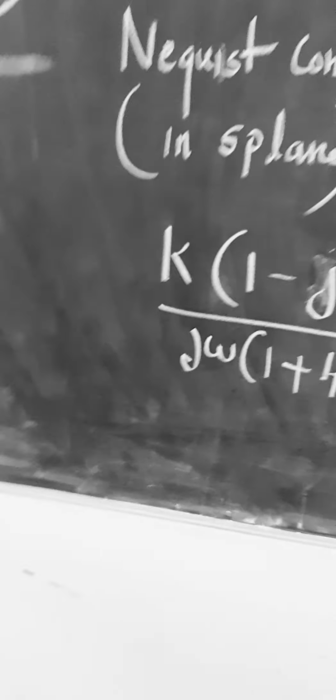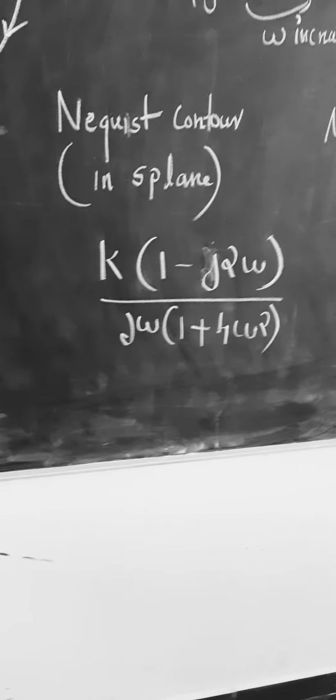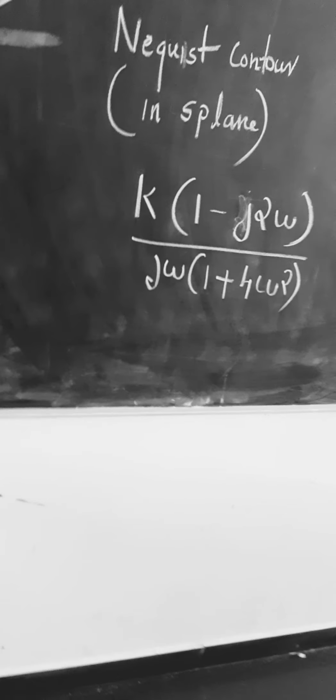So I am getting k into 1 minus j 2 omega divided by j omega into 1 plus 4 omega square.